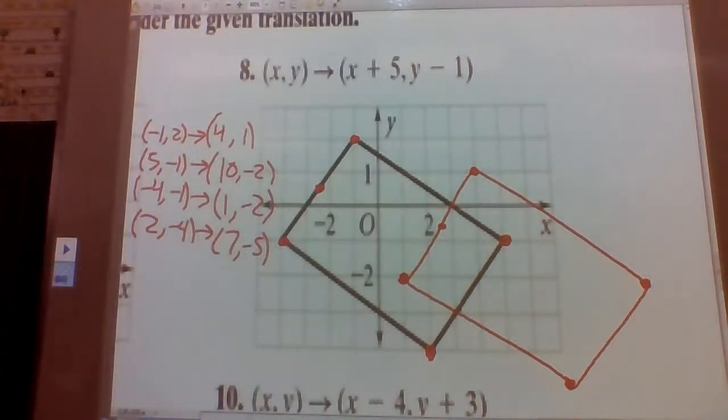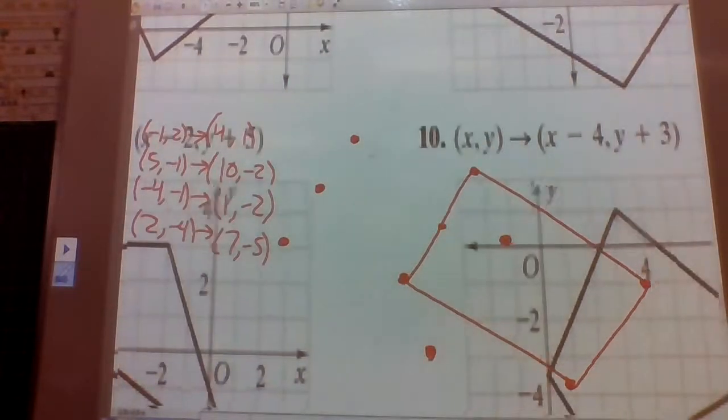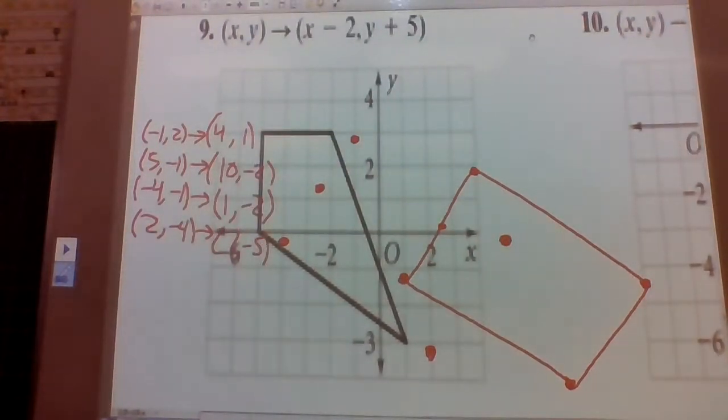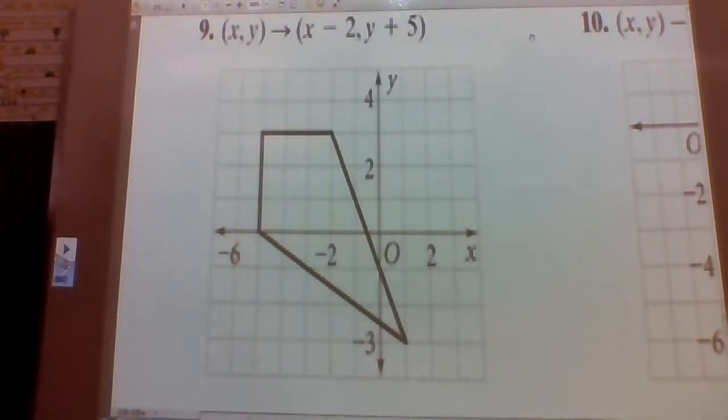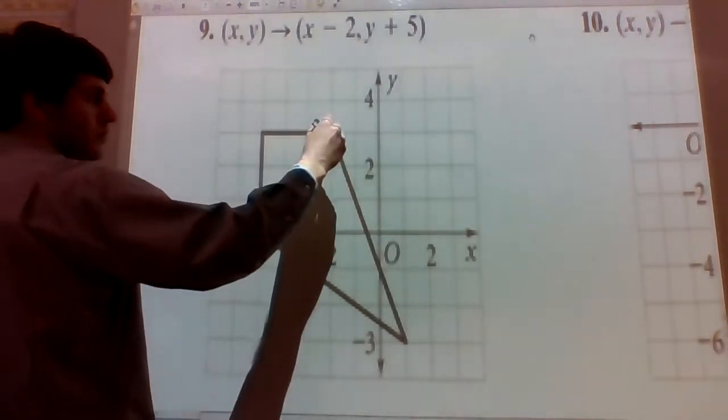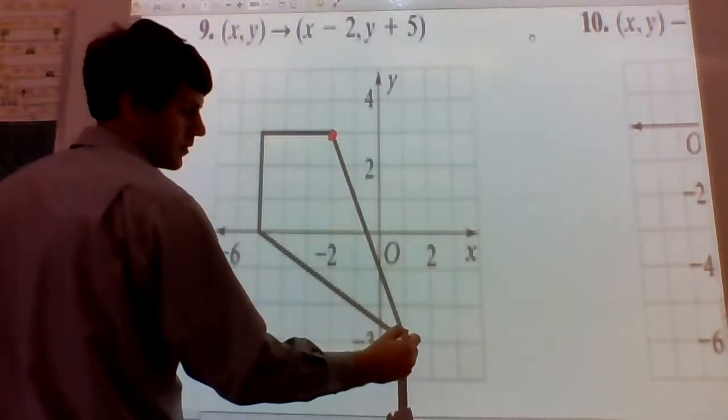Let's go to number 9. Okay, same thing here. I'm just going to count. I think that way is a lot easier. So if we have this, we got 4 vertices here.